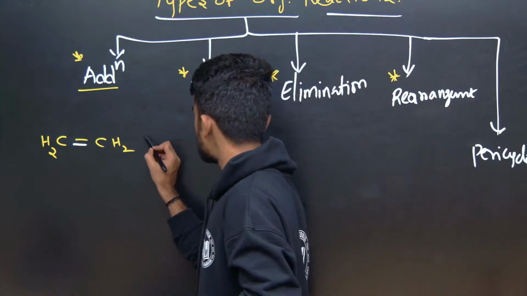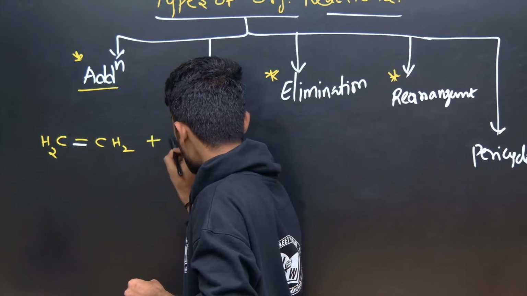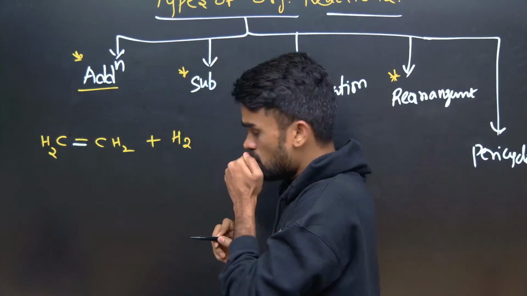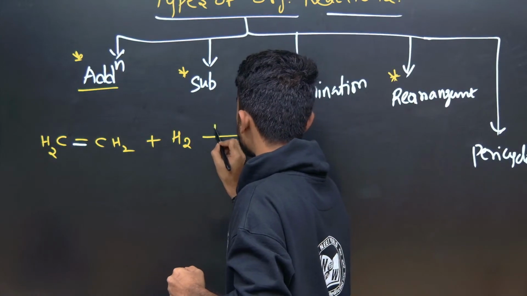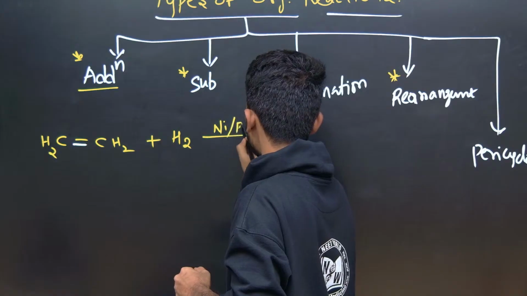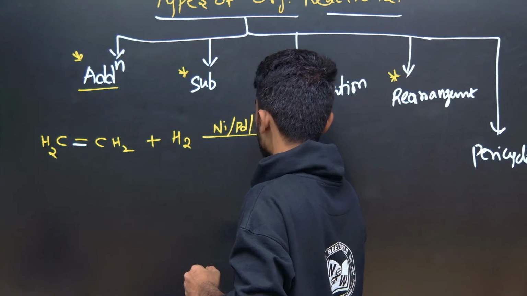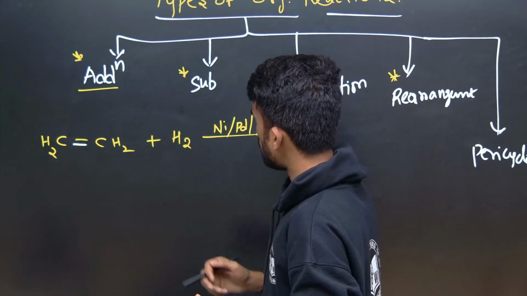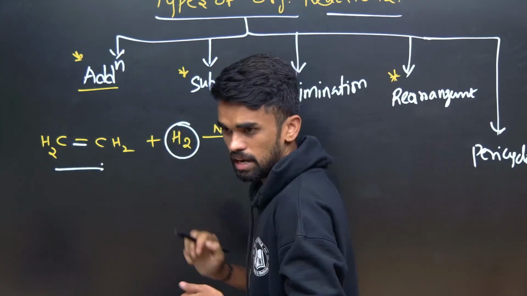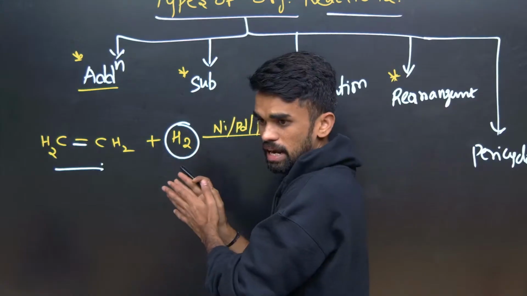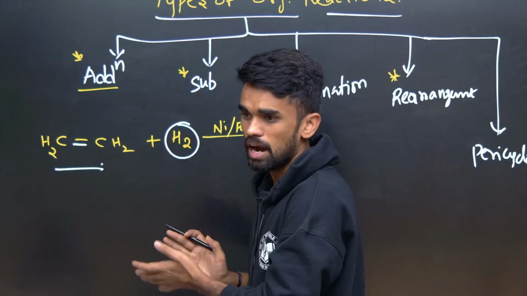Now to this I am adding hydrogen in the presence of a metal catalyst like nickel, palladium or platinum. The substrate is getting hydrogen added, so we can call this process hydrogenation.